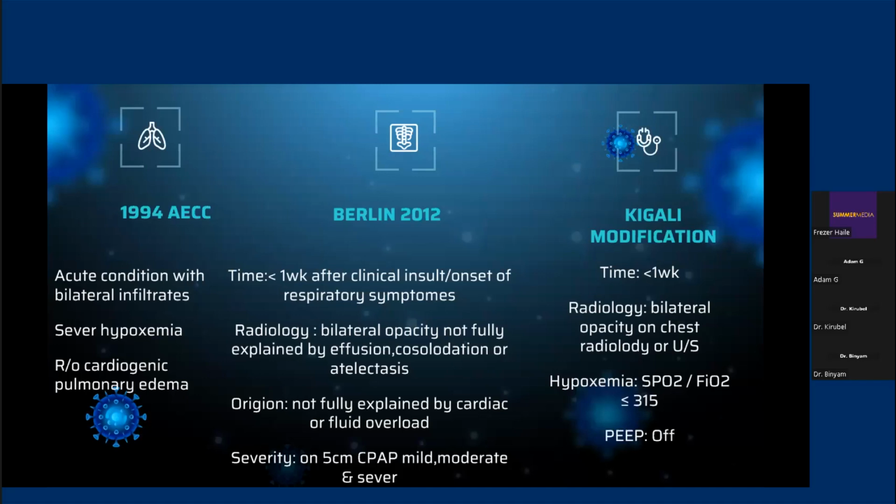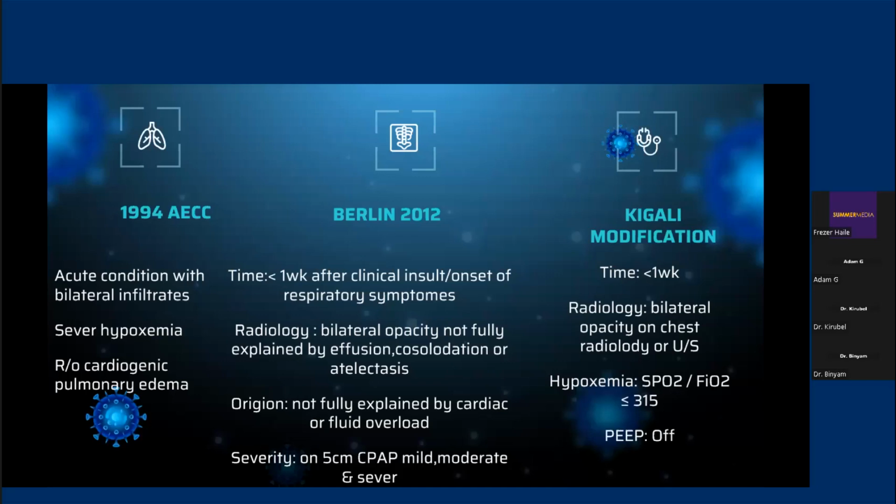Concerning the origin, it is not fully explained by cardiac dysfunction or fluid overload. For severity, they used 5 centimeters of water CPAP pressure and classified it as mild, moderate, and severe.